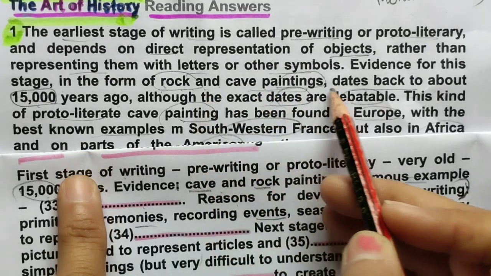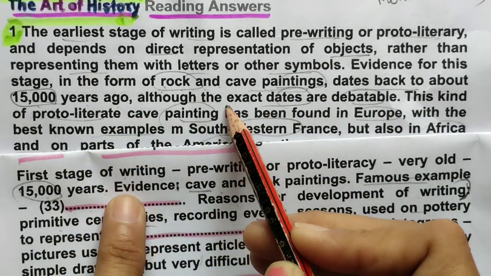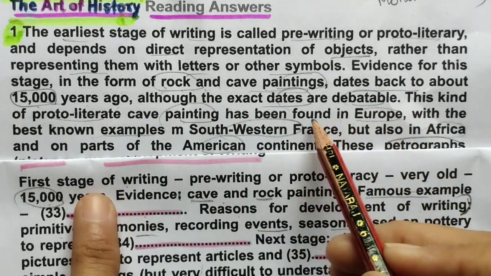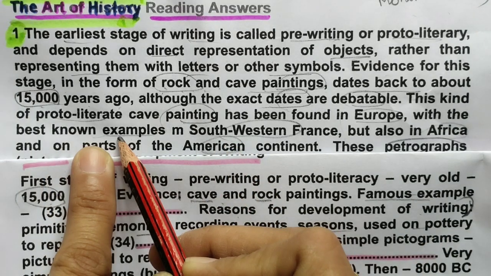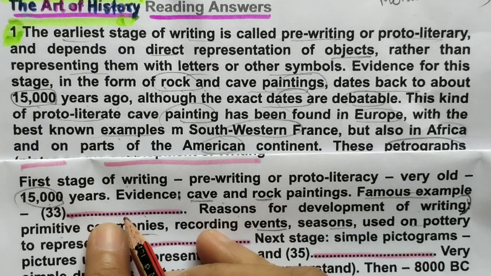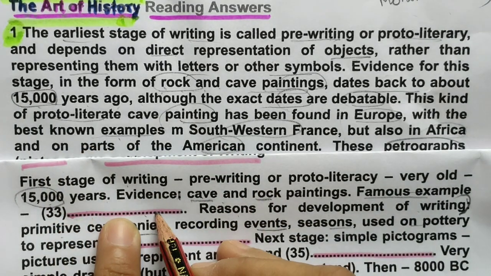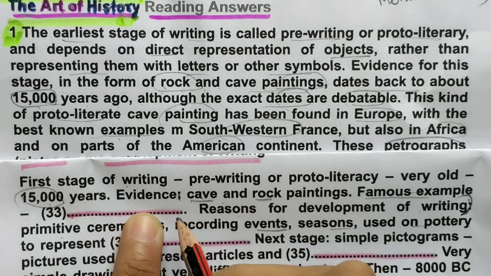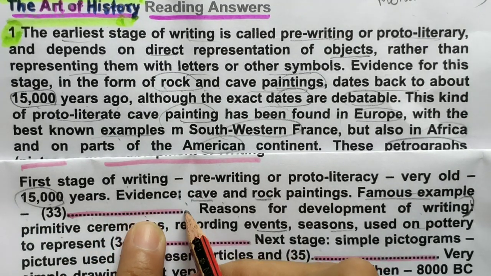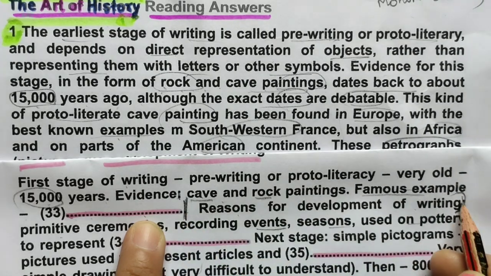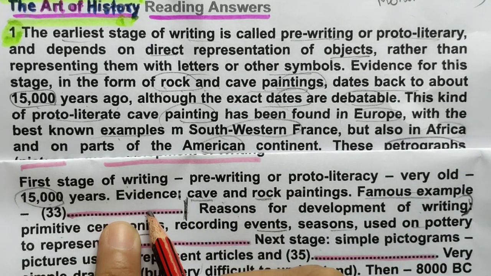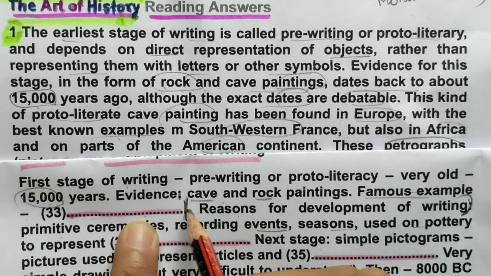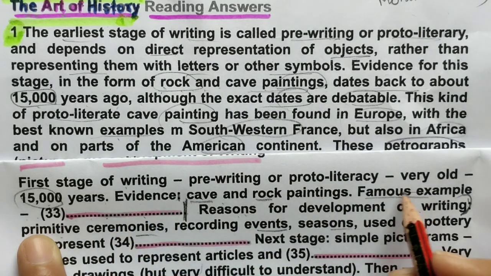Cave and rock painting dates back to 15,000 years, although the exact dates are debatable. We are looking for the word example. Whatever the blank is, we look before and after. After the blank there is nothing, another line, but before the blank is the word example.